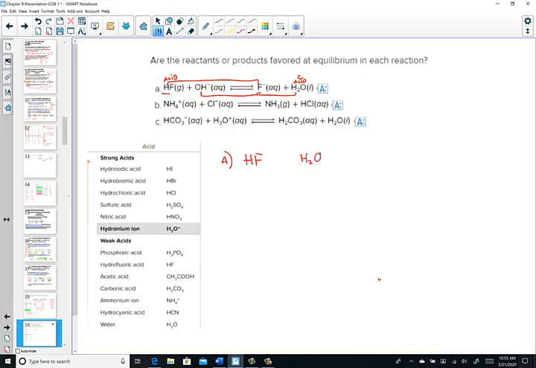So the two acids that we're comparing in letter A are hydrofluoric acid and water. Hydrofluoric is found here on our chart. Water is found way down here. Since hydrofluoric is the stronger acid, you said that the dynamic equilibrium would be favoring the right side, the product side.